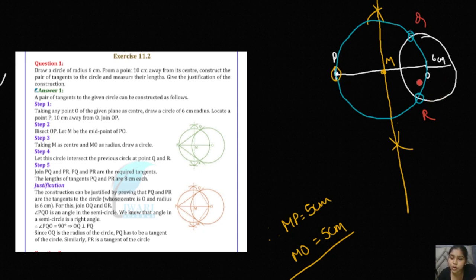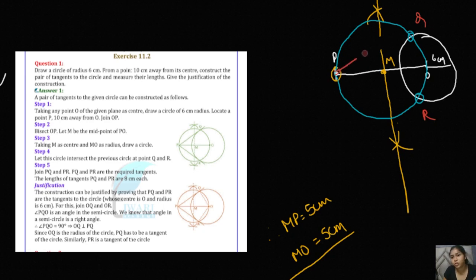Now these are the 3 points. This is the point where they are intersecting, and this is the external point. You just have to put the scale here and join them like this. You can easily join them with the help of a scale.